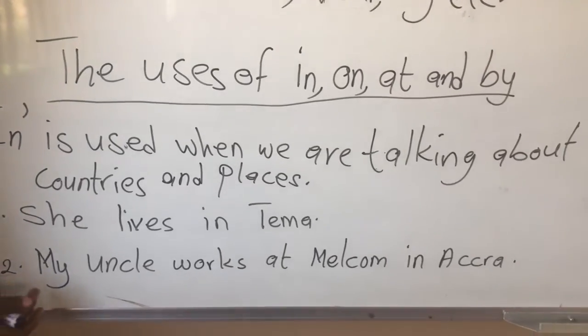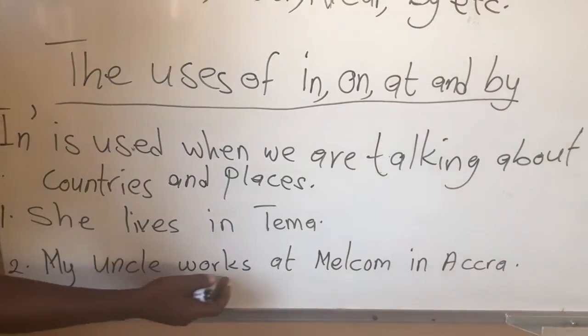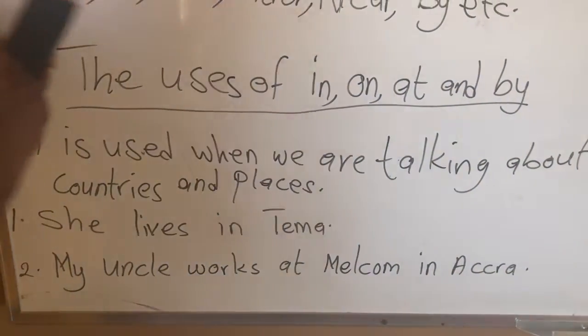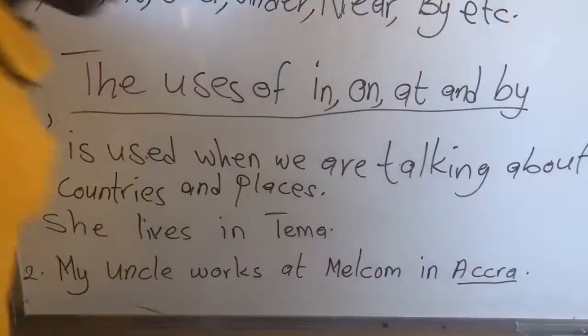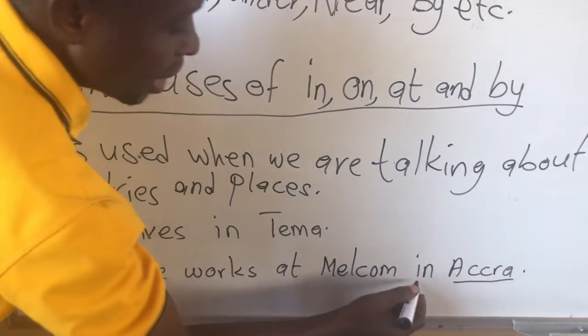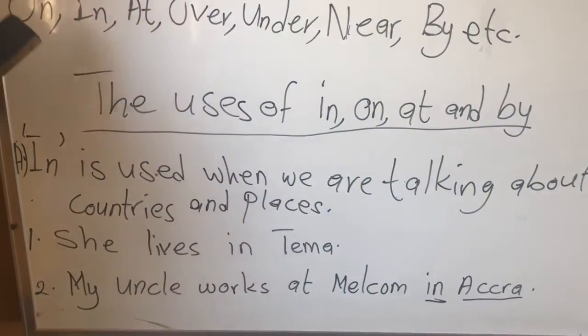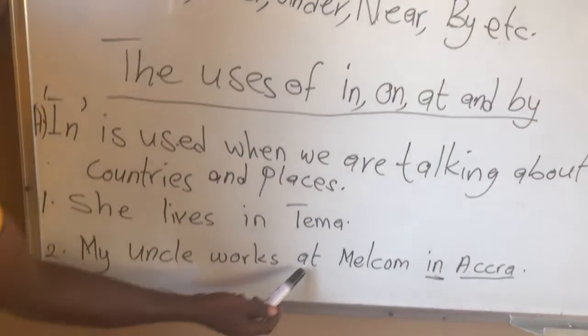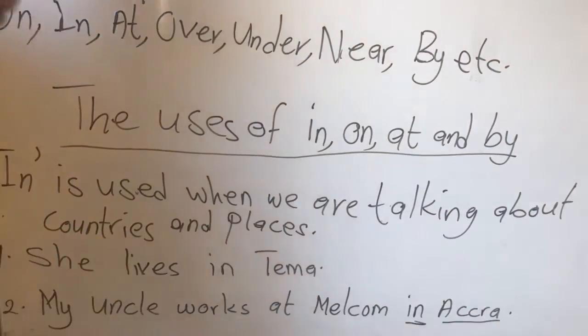Let's continue with the next example. My uncle works at Malcolm in Accra. Accra is also a city, and in is used for Accra because Accra is a city. My uncle works at Malcolm in Accra.